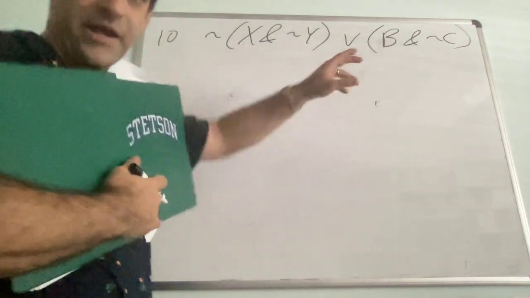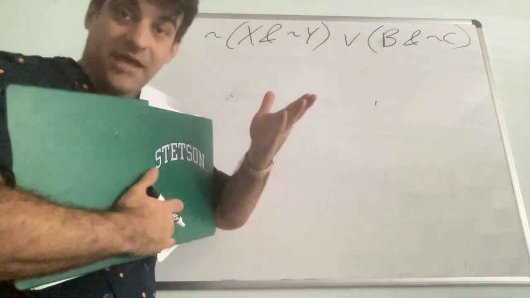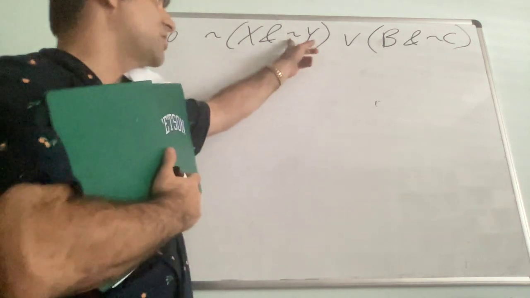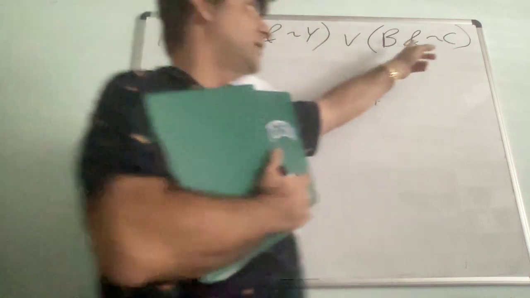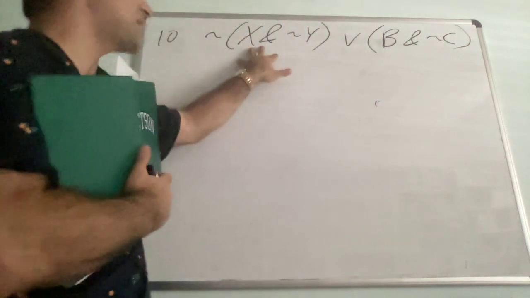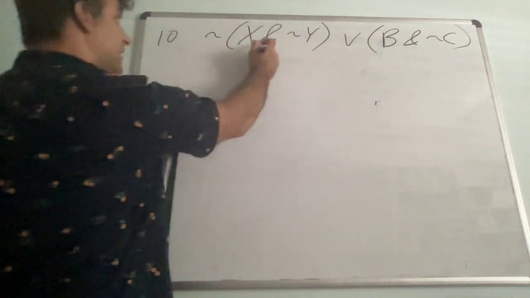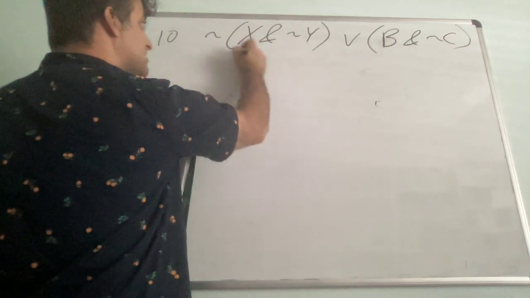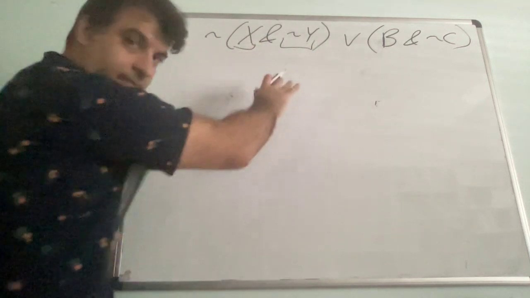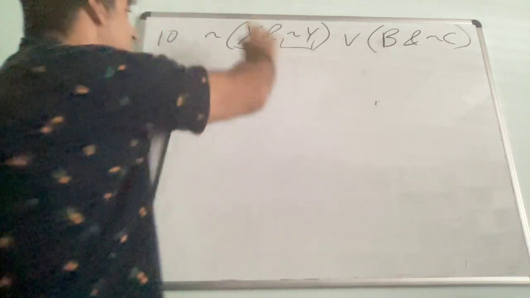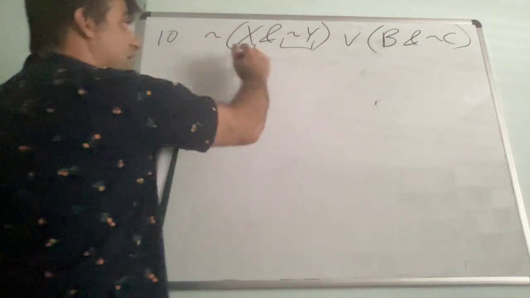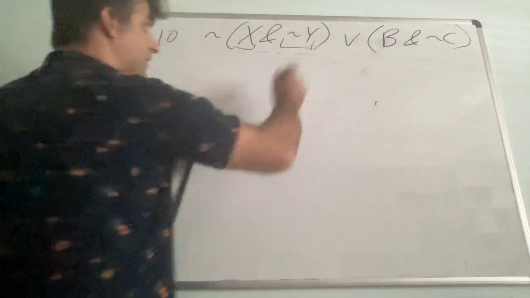Let's walk through the rules why. When a negation is right next to a capital letter, that's what it applies to. So you have not y, not c. Inside this parentheses, you have x and not y, and then this negation applies to this whole thing.